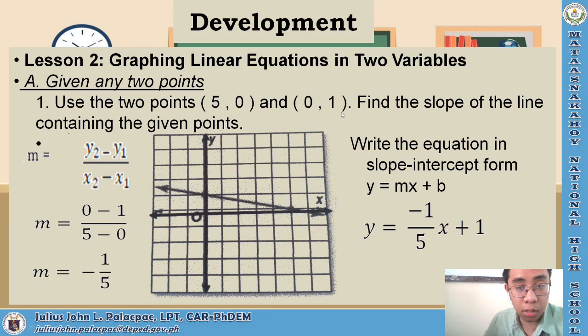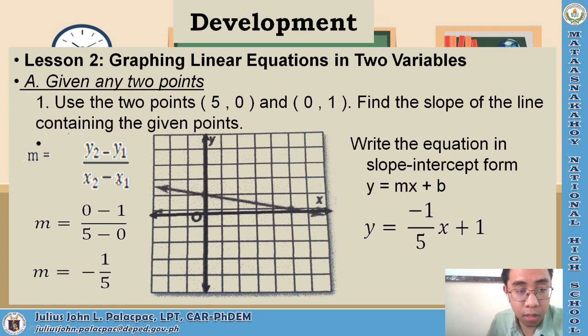So y sub 2 is 1, or it can also be the other way around. So 0 minus 1 or 1 minus 0, and 0 minus 5 or 5 minus 0.